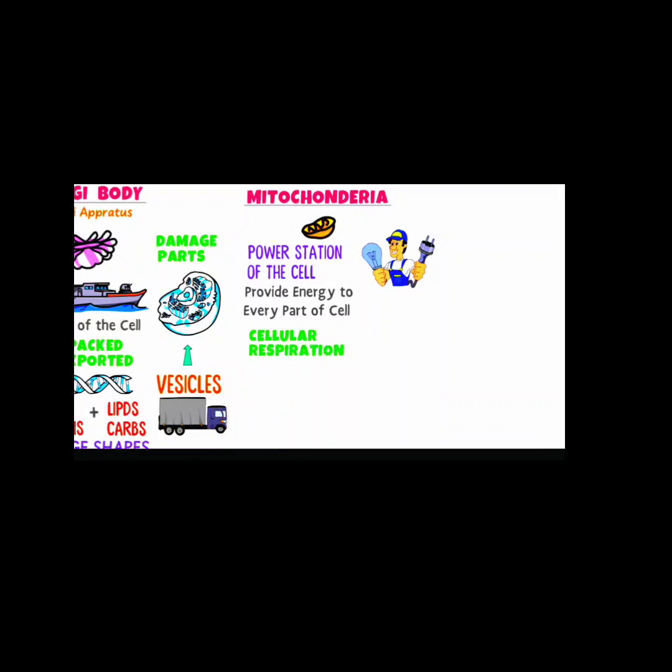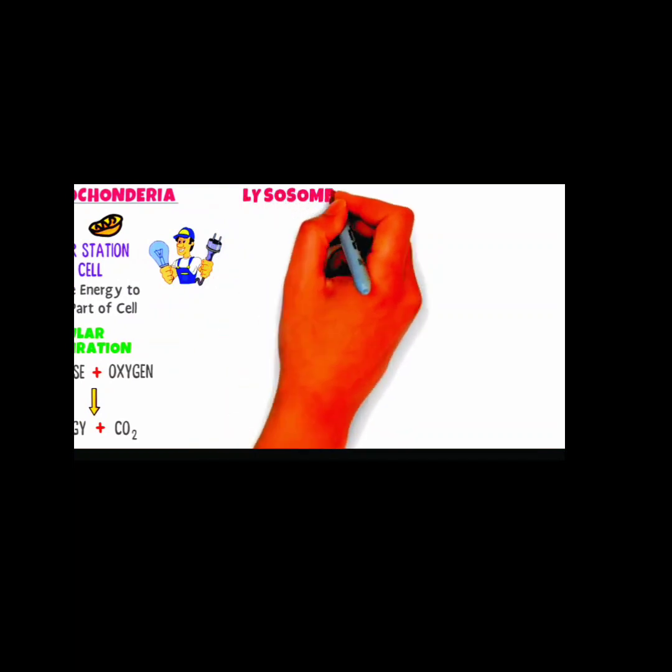In mitochondria, cellular respiration takes place. For example, glucose combines with oxygen to release energy in the form of ATP, and carbon dioxide gas is produced as a waste product. Energy produced in the form of ATP by the mitochondria is then transported to each and every part of the cell.